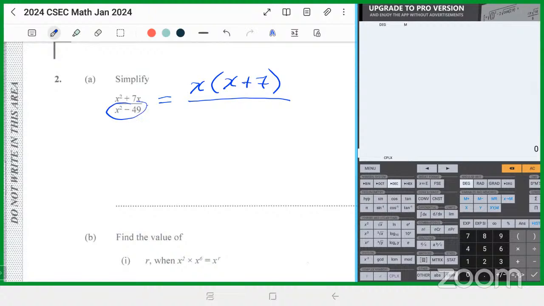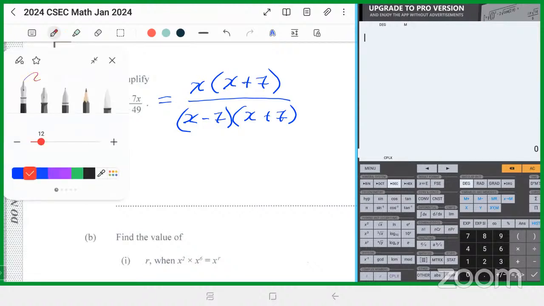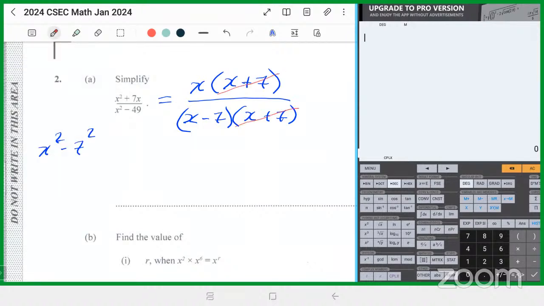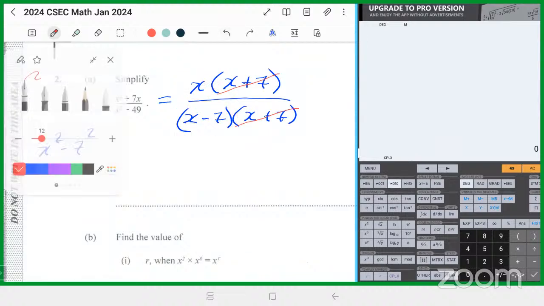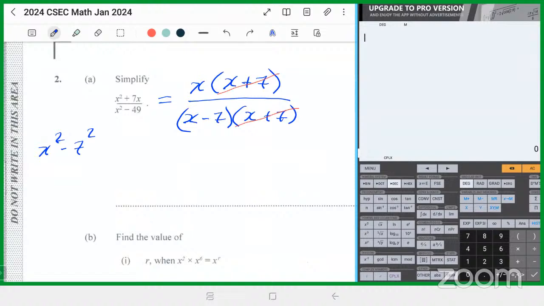So the denominator really is the same as x squared minus 7 squared, which factorizes into x minus 7 times x plus 7. And so the x plus 7 here cancels this one here, and we're left with x over x minus 7. So this results in x over x minus 7.